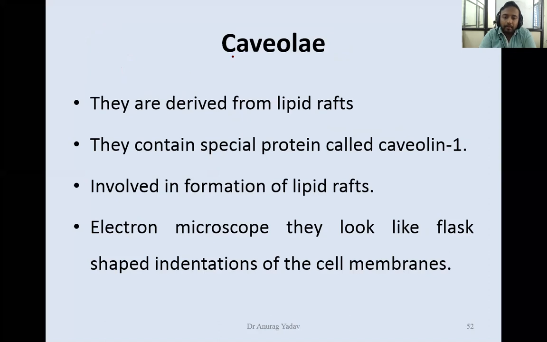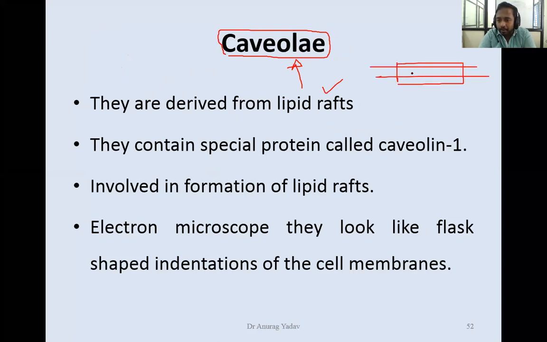Similarly, there is one type of lipid raft called caveolae. Apart from the lipid rich area, it contains one specific protein. What is that? That is called caveolin protein, which helps in the formation of this particular lipid raft.